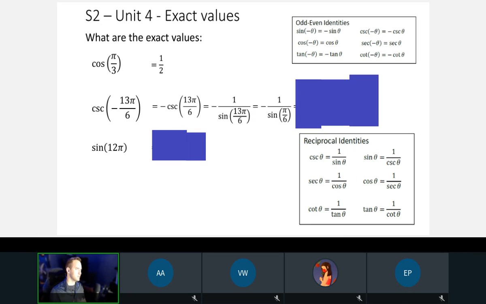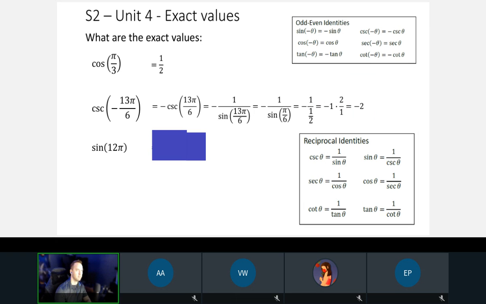So I subtracted 2 pi out of it. That way I get the coterminal angle between 0 and 2 pi. And then I could use the unit circle to pull out the y value at pi over 6, which is 1/2, and then negative 1 over 1/2. I'm just showing all the work by hand here. Now you get negative 2.